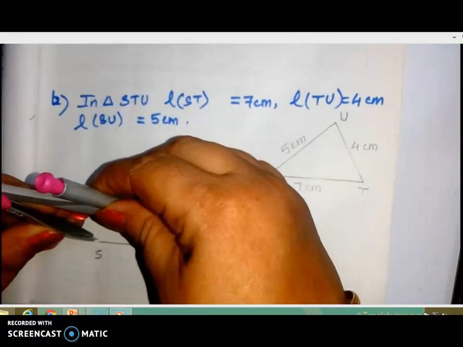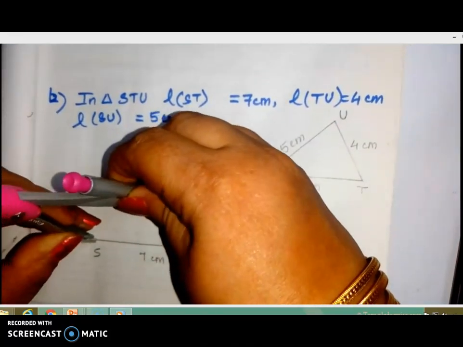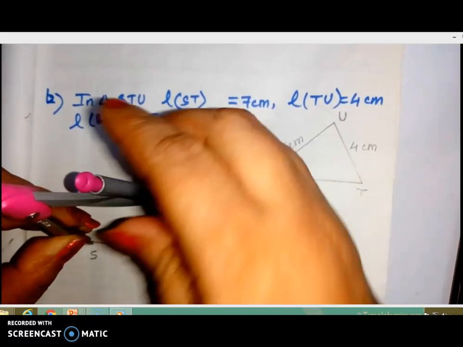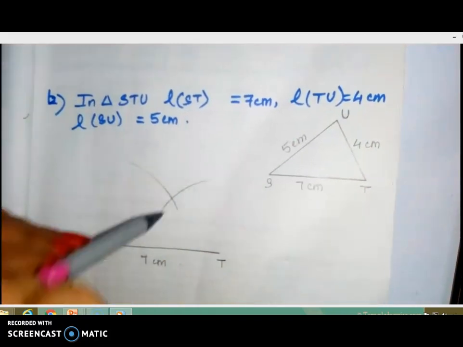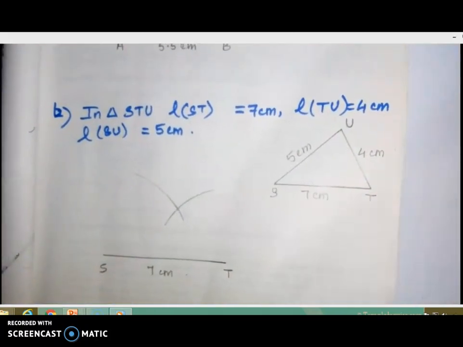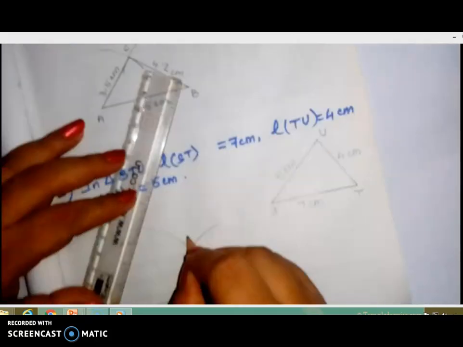I'll just extend this arc a little bit. Okay, and now we will join this. This will be the point U.